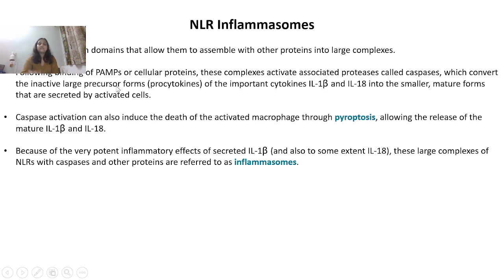Following the binding of the PAMPs or other cellular proteins, they activate some proteases, meaning enzymes which cleave proteins, known as caspases, which convert the inactive large precursor forms of cytokines, known as procytokines, into active cytokines IL-1 beta and IL-18, smaller mature forms.